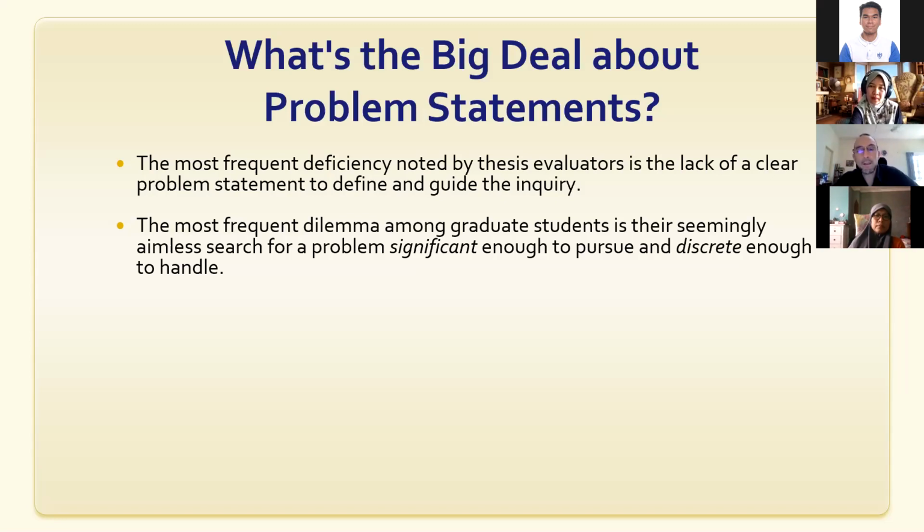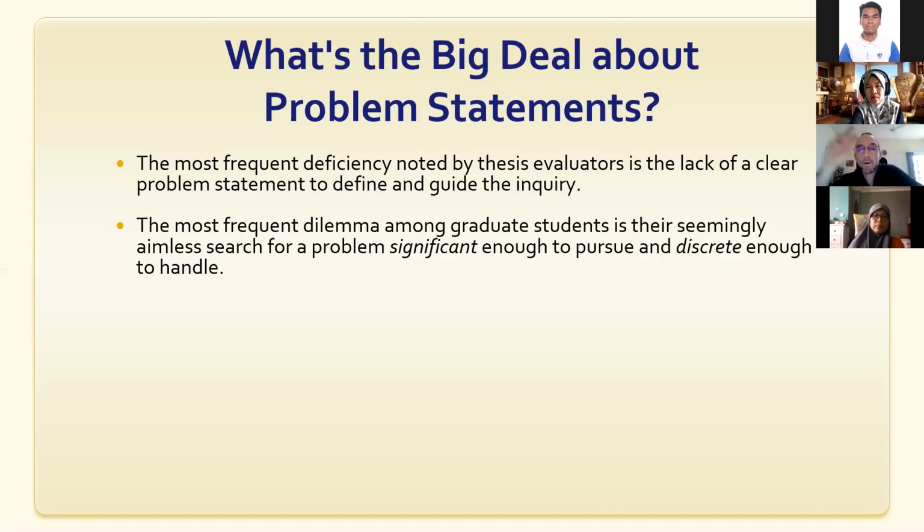Okay, and then the second one, discrete enough to handle. In other words, is the problem specific enough? Is it feasible? Okay, and is it well defined clearly so that it can be properly studied? Okay, if the problem is too big and if you haven't chiseled down the problem to something that's really researchable, given the constraints of doing, for example, a PhD, that's going to be in itself a problem.